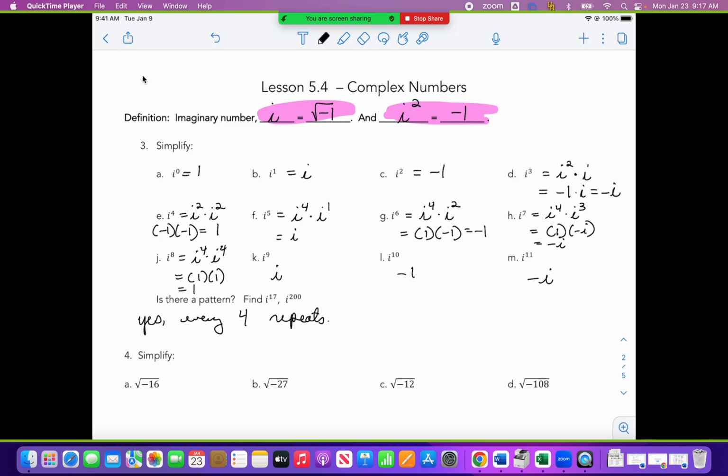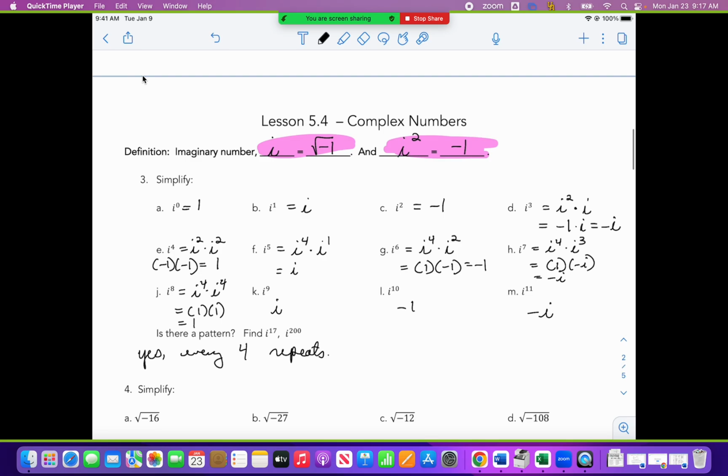So here's the deal. If you think of this as the remainders by dividing by 4, it's going to go to these 4. So let's write this out. I to the 0 is 1. I to the first is I. I squared's negative 1.